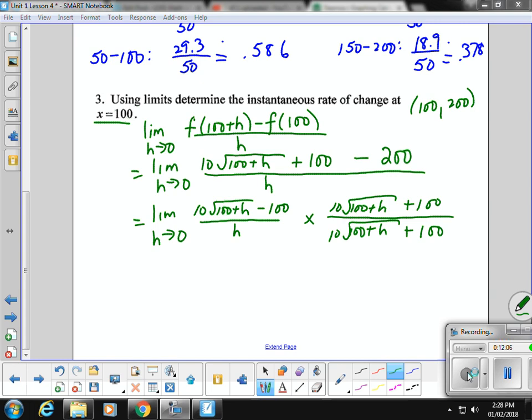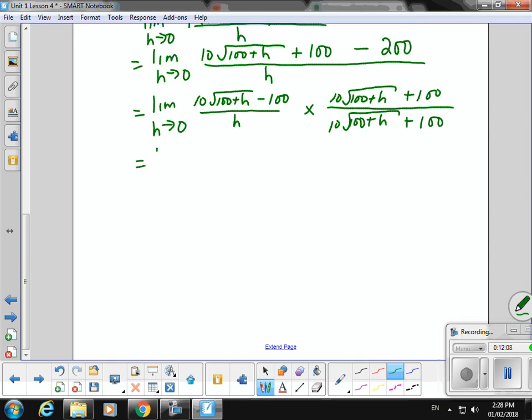Okay, here we go. Multiplying by the conjugate, your thinking is like FOIL. On the top, for the sake of visual, I just bracket it. I've got firsts, which is 10 root 100 plus h times 10 root 100 plus h, which is 100 times 100 plus h. Outside, inside would cancel.